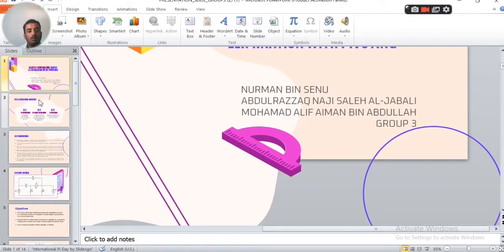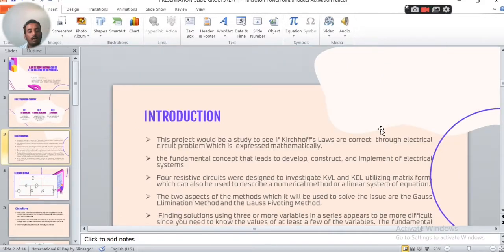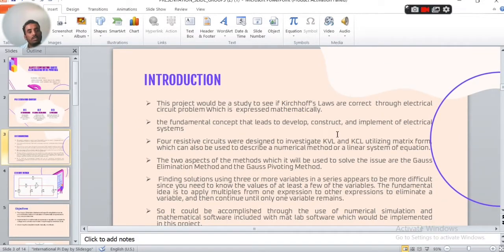So the presentation contents will be about the introduction, the manual calculation and the simulation. I'm going to do the first part, which is the introduction of the problem we chose. In this project, we study whether Kirchhoff's laws are correct through an electrical circuit problem, which is expressed mathematically.